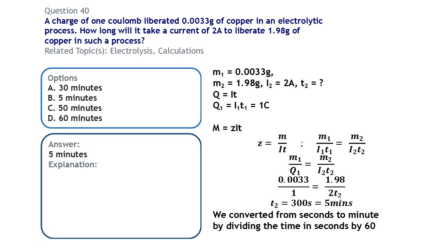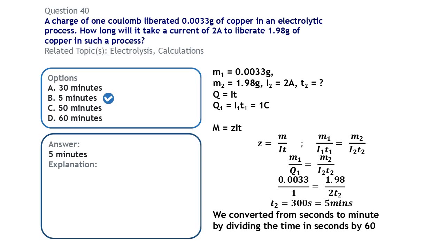So now to get the value of my T2, I will divide both sides by 0.0066, and that will give me 300 seconds. But if you look at the options that we have here, they are all in minutes. So that means we need to convert from seconds to minutes, and to do that, we simply divide whatever we are given in seconds by 60. 60 seconds is 1 minute.